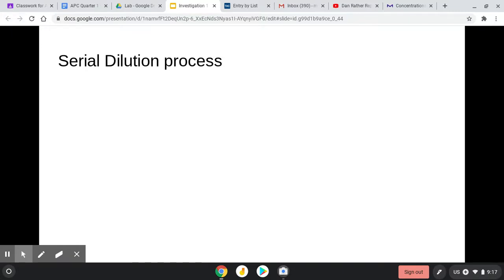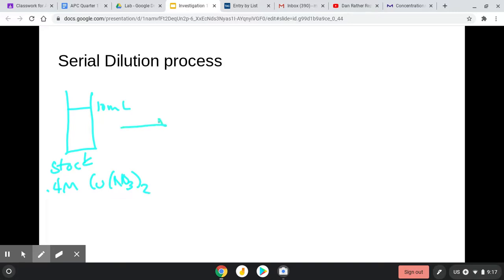we're going to take an amount. Here's our stock solution at 10 mils. It's going to be 0.4 molar copper nitrate. And what we want to create is 10 mils of a 0.2 molar solution.